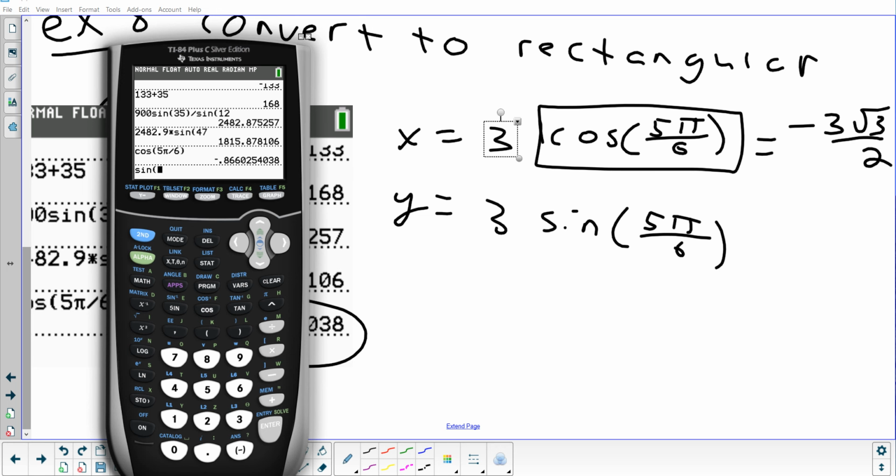Now, the next one, sine 5 pi over 6. If one of them comes out to the special number, the other one won't. They both won't come out to the special number, unless you're dealing with a 45. Then it will. But with the 30s and 60s, nope. So this one is just 0.5.